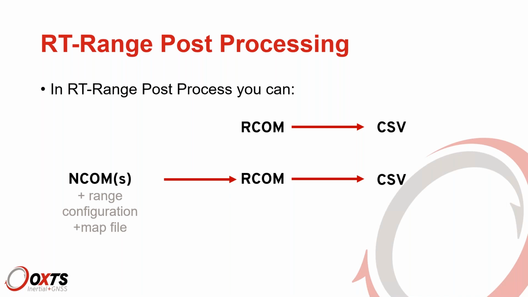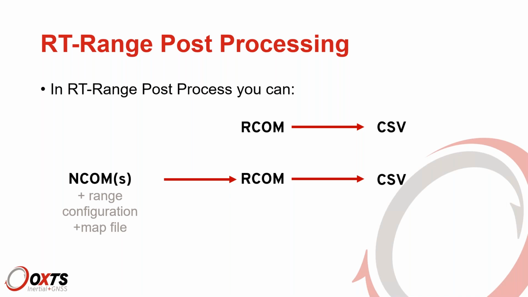It contains the same functionality that NavSuite has, only it's aimed at RCOM files. This time you can take a live logged RCOM file, if you remembered to start and stop logging during your test, and simply select the measurements you wish to look at and convert those into a CSV file format.